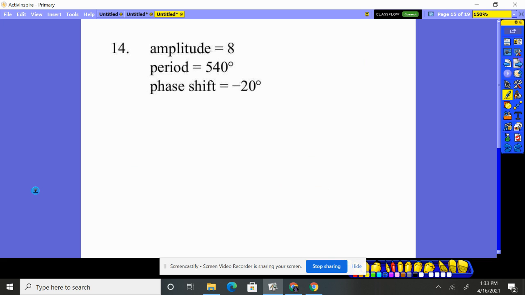Now, number 14. A little bit more difficult here, it looks like. We have 8 sine. Going to put our b value in front of theta, c here. Since it's a negative 20, I do know the answer is going to be plus something, but we'll figure that out in a minute. Let's deal with the period. The period is always 360 divided by b.